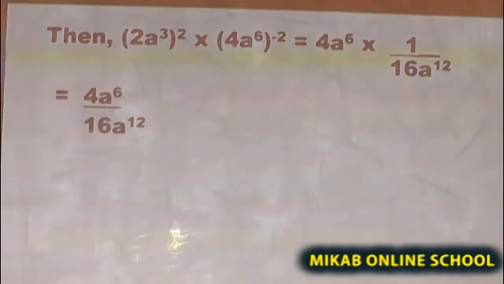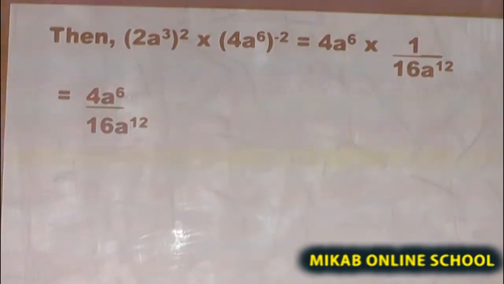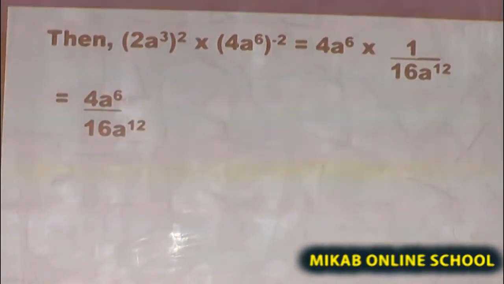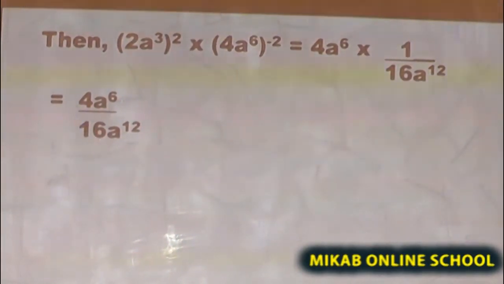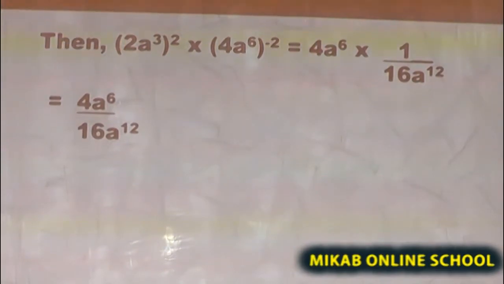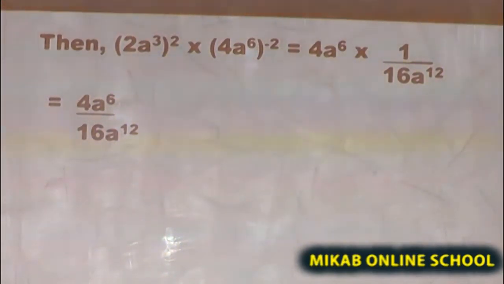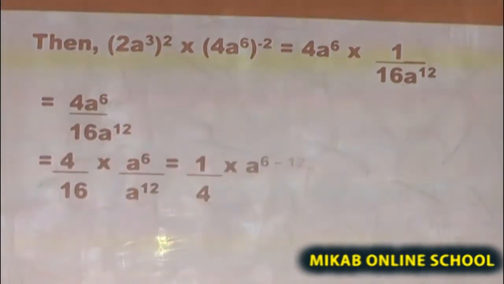If you divide this 4 by itself, the value is going to be 1. If you divide this 16 by 4, the result is going to be 4. Fine. I told you earlier that if you are given this, you must separate the number from the alphabet. So we are going to separate that.